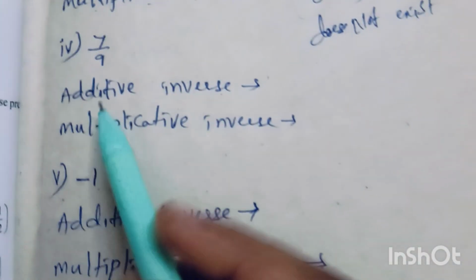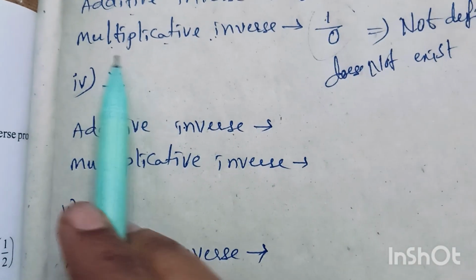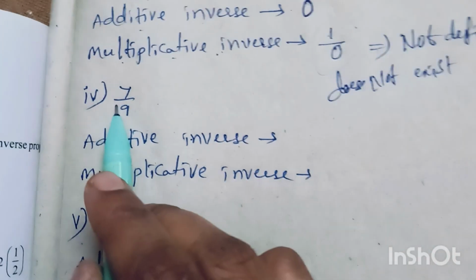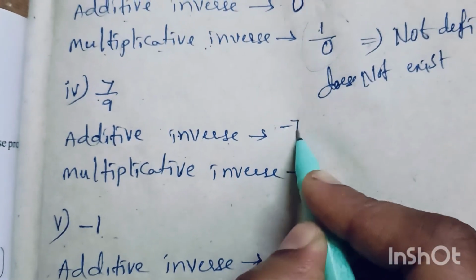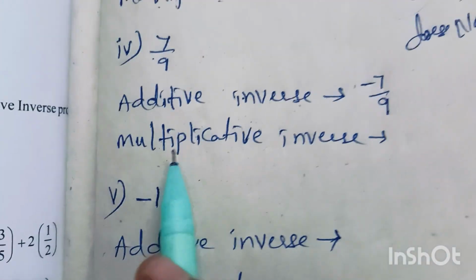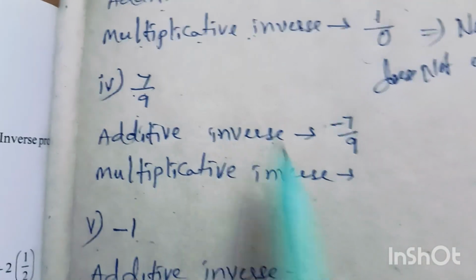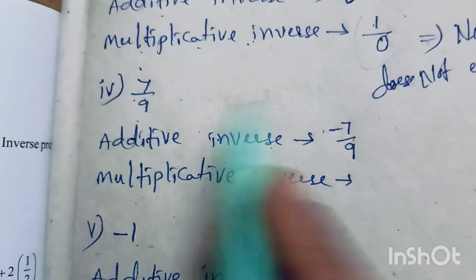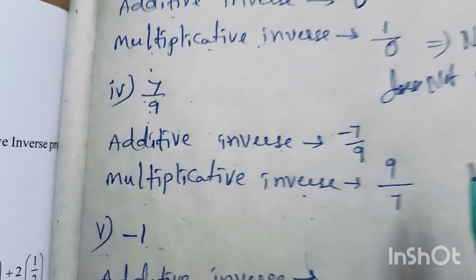Next, 7 by 9. For the additive inverse of 7 by 9, we focus only on plus or minus. This is a positive fraction, no? So we write minus 7 by 9. That is a negative rational number. Next, the multiplicative inverse: we focus on the numerator and denominator. 7 is the numerator, we write it in the denominator place. 9 is the denominator, we write it in the numerator place.